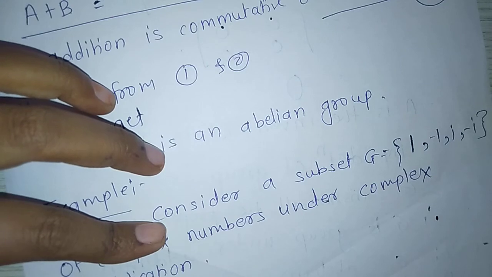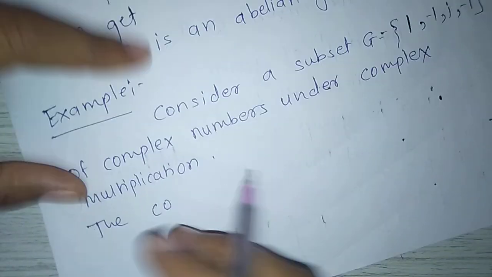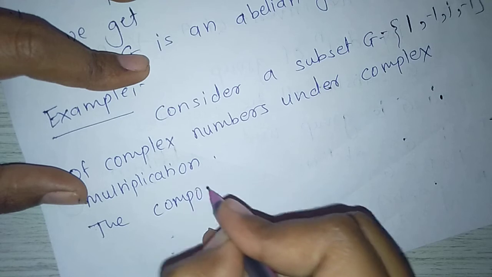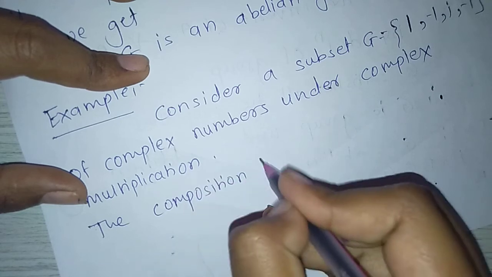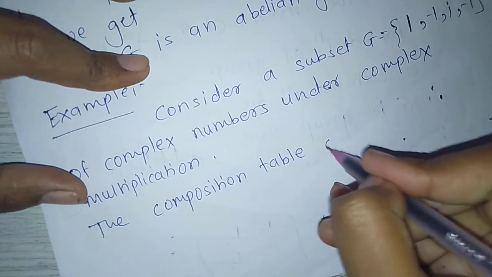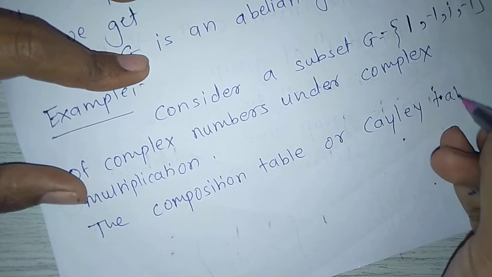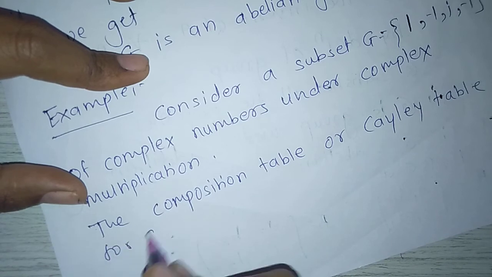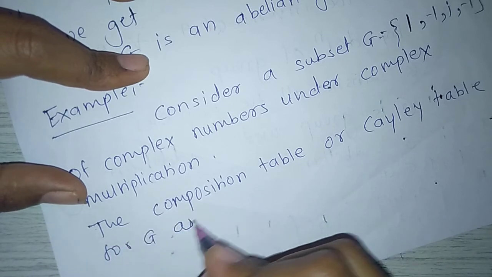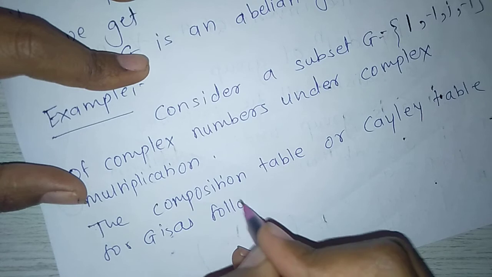The composition table or Cayley table for G is as follows.